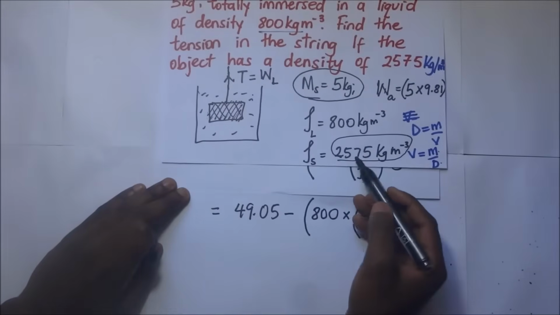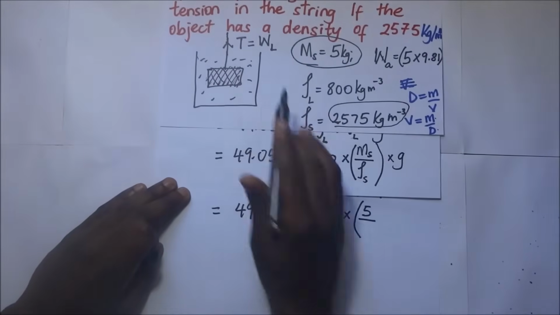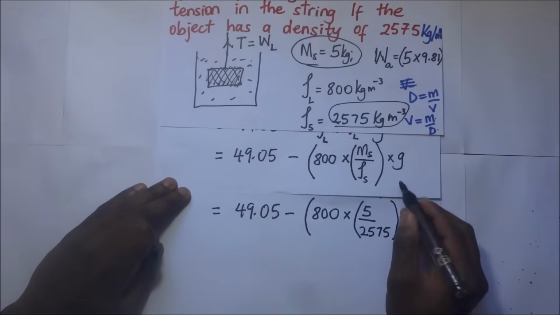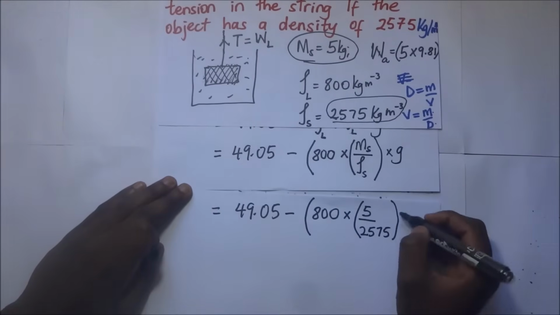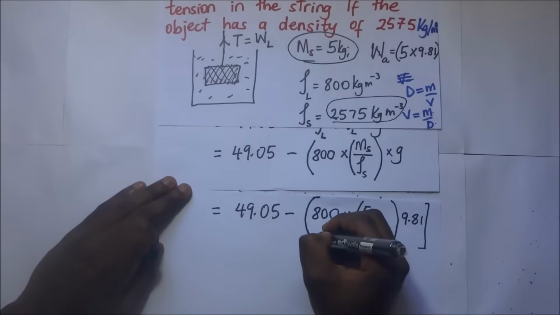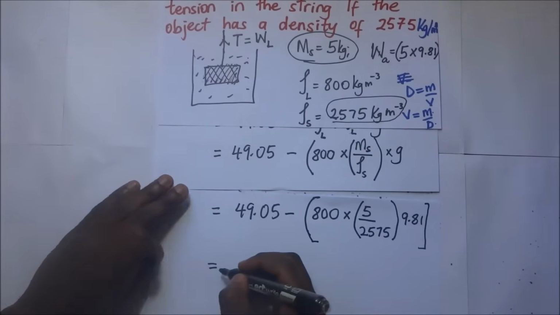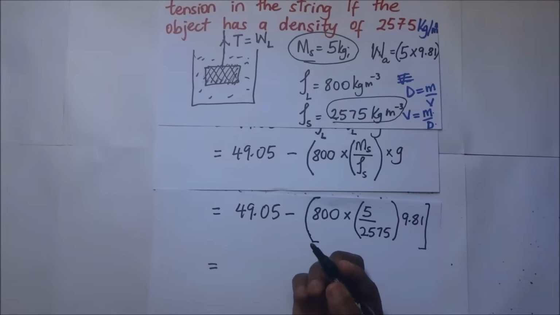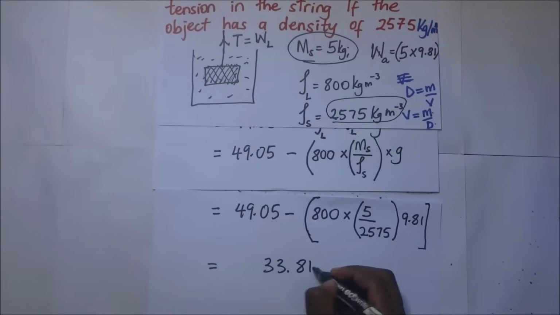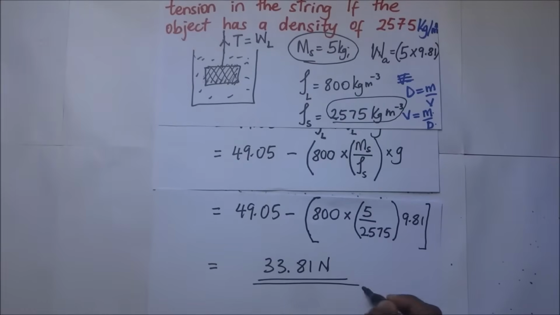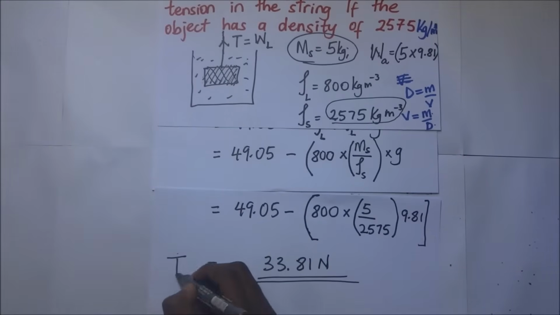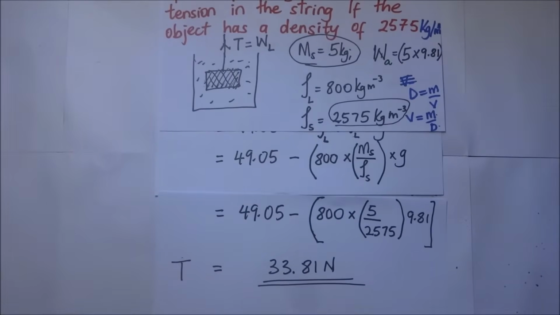The density is 2575, so this is going to become 2575, multiplied by 9.81, like that. So definitely computing this whole thing is going to give us 33.81 newtons. So 33.81 newtons becomes the tension. This becomes the tension in the string.